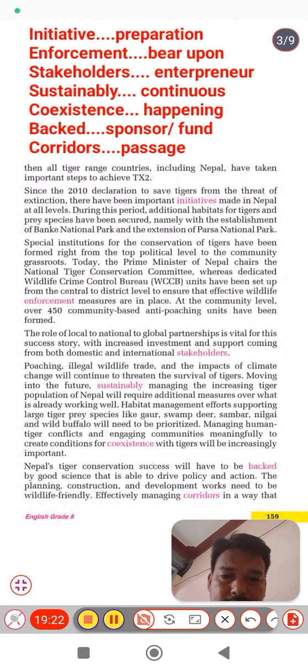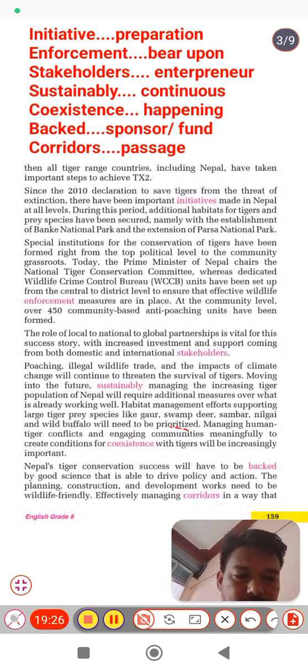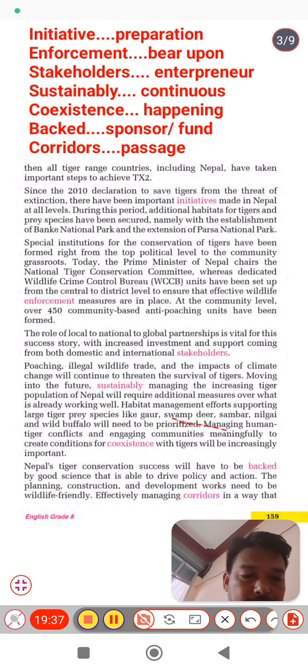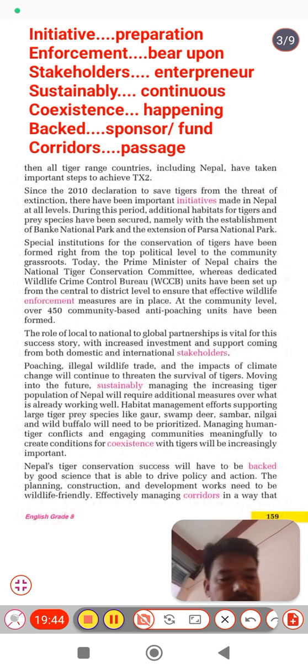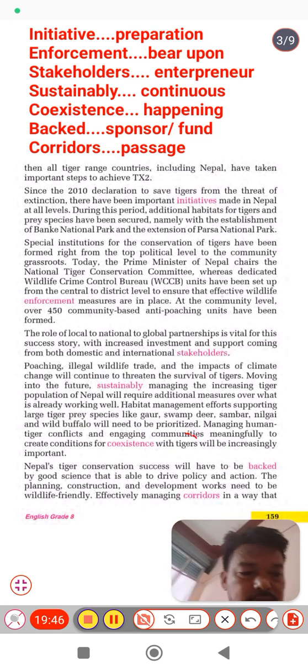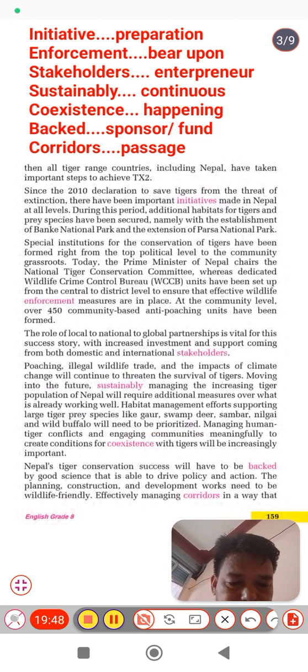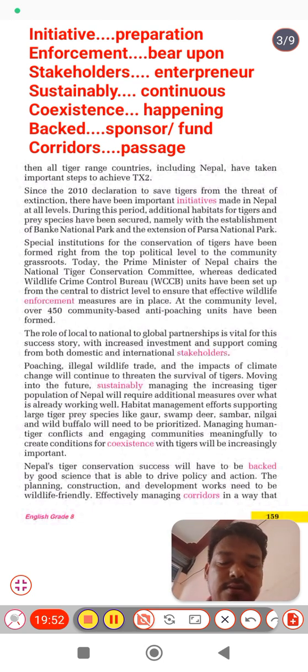We should take some habitat initiatives for the tiger's prey species like gaur, deer, and nilgai. In order to work for the conservation of the tiger, the participation of such organizations should be increased. So this could be the initiative that we can take.